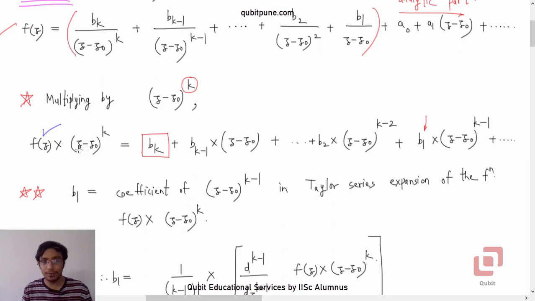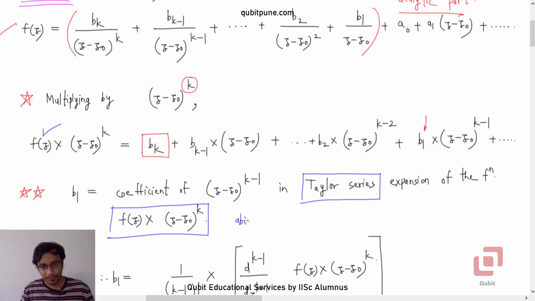Which now means that we can have the Taylor series expansion of the function f of z into (z minus z naught) to the power k about z naught, isn't it?